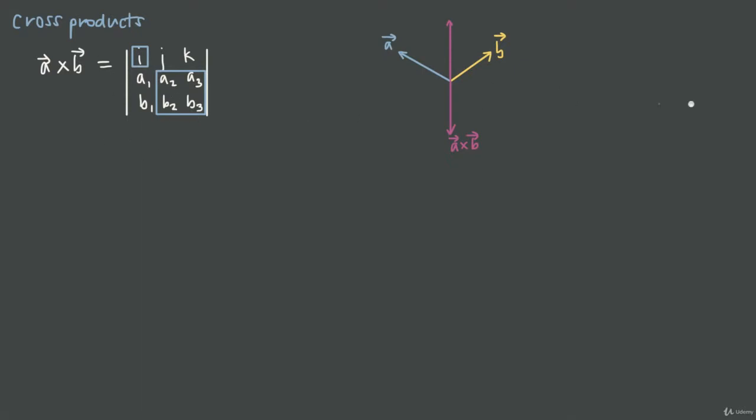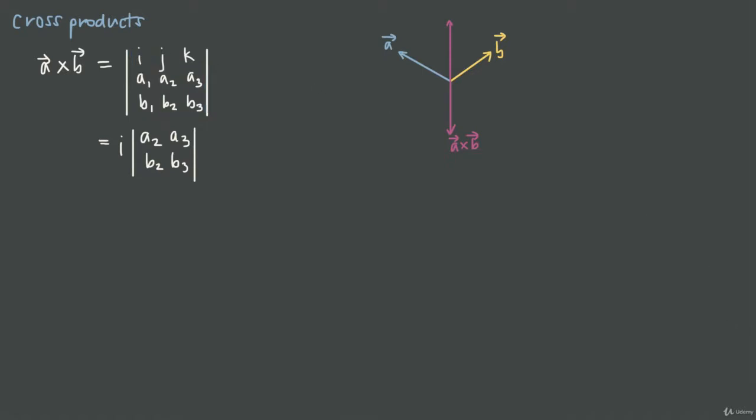We break this determinant apart this way: we take i as the coefficient, and multiply i by the determinant of this other part that we've boxed here, A2, A3, B2, B3.